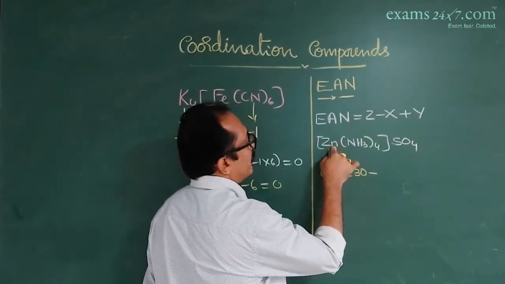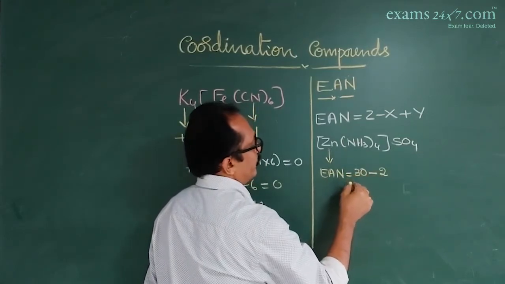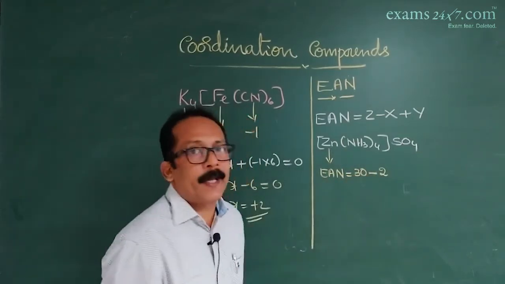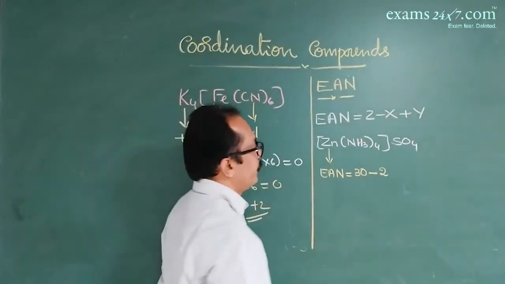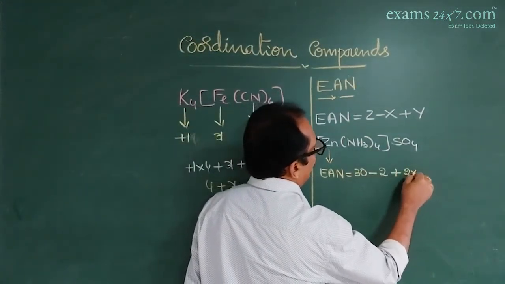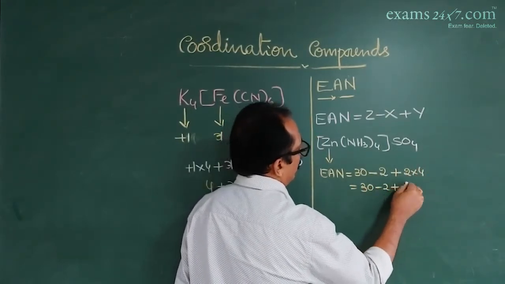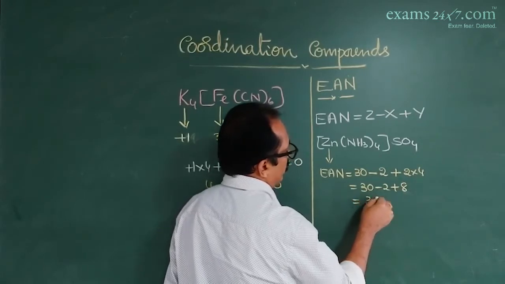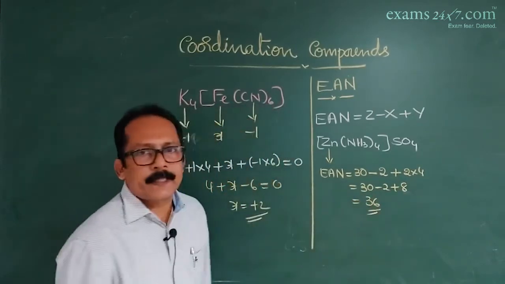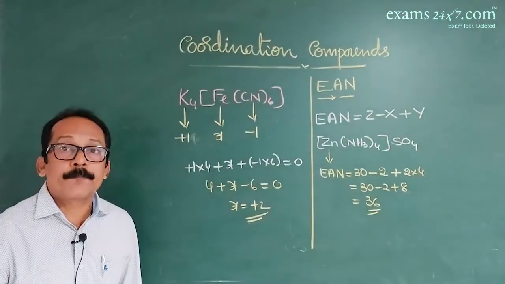Here the oxidation state of zinc is plus 2, the number of electrons lost, also called the primary valency. There are 4 ammine ligands, and each donates a pair of electrons. So 30 minus 2 plus 8 equals 36. 36 is the atomic number of the next noble gas, krypton.